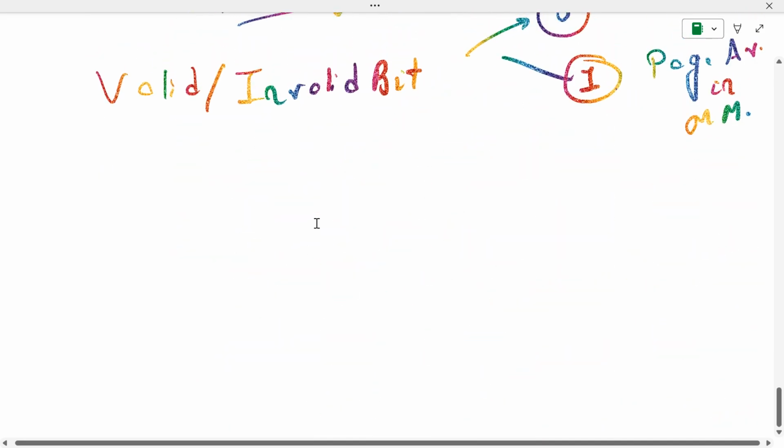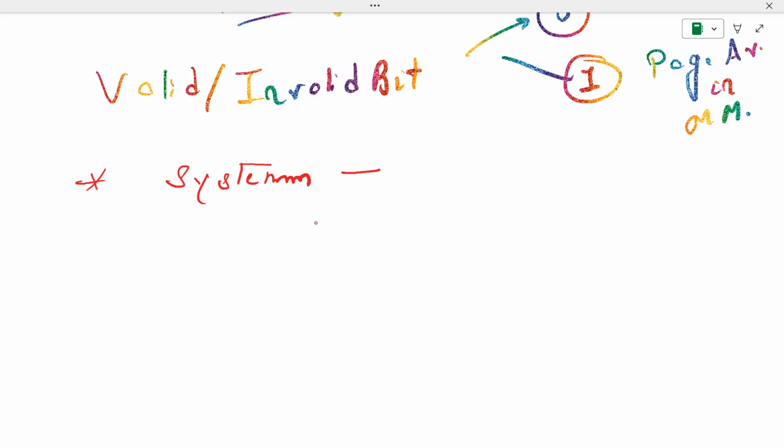So first, we'll start with a question in which we have a system. This system has an LA, that is logical address, of 27 bits, and the physical address is of 21 bits.